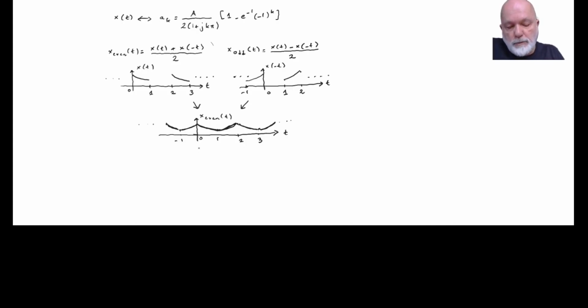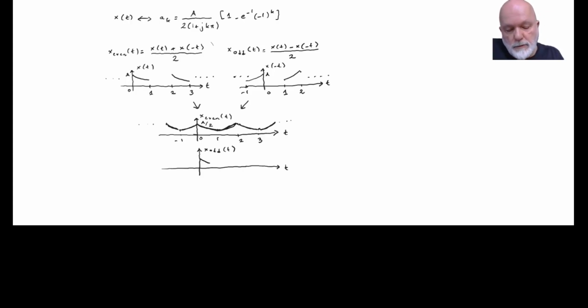And for the odd part, by the way, since we have the factor 1 over 2, this value here is a, and also here a. So in this case, the value here is a over 2. Now for the odd part, we have x of t minus x of minus t divided by 2.